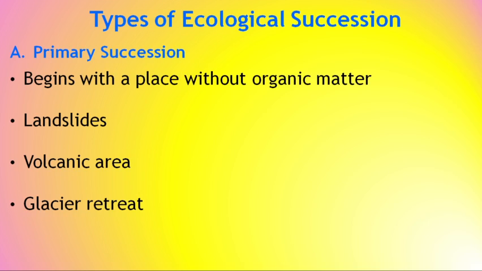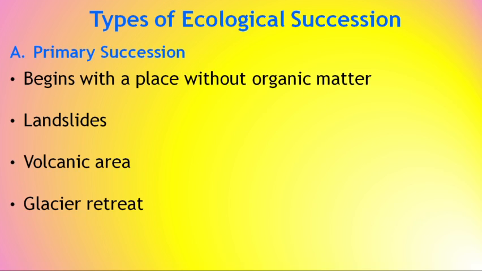We have seen in the previous lecture that whenever ecological succession starts at any place, first of all the existing biotic community of that place will get destroyed. Now there are two cases. Suppose the existing community is destroyed by a forest fire.